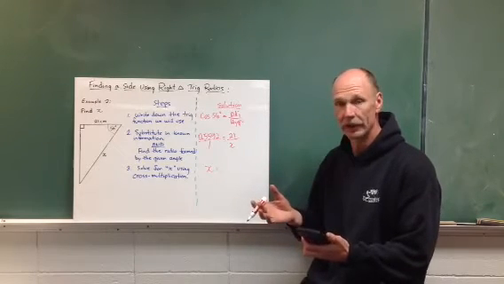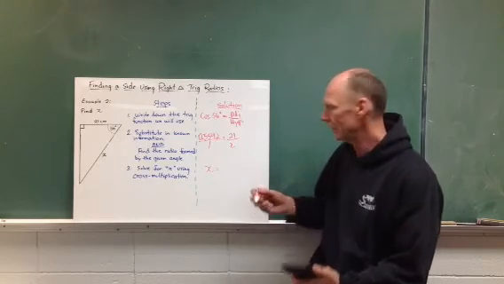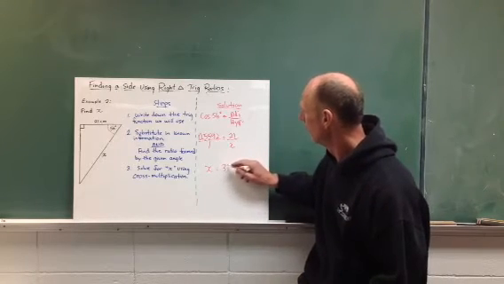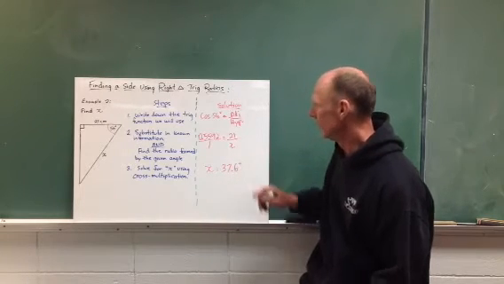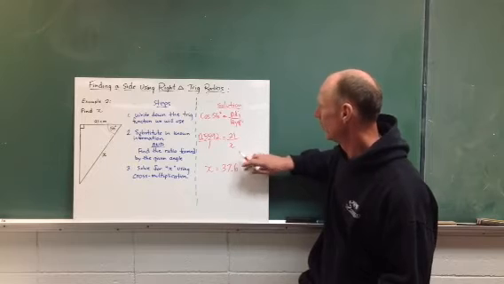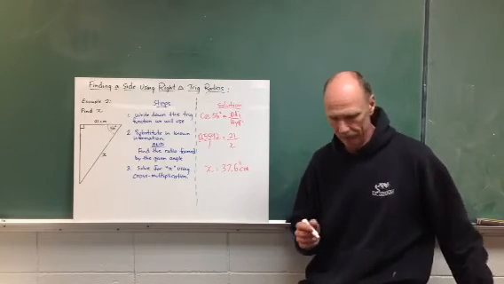Well, I'll round it to 1 decimal place, which is where I normally round things to unless otherwise specified. 37.6 degrees. I'm sorry, 37.6 centimeters. We just found a side, not an angle.